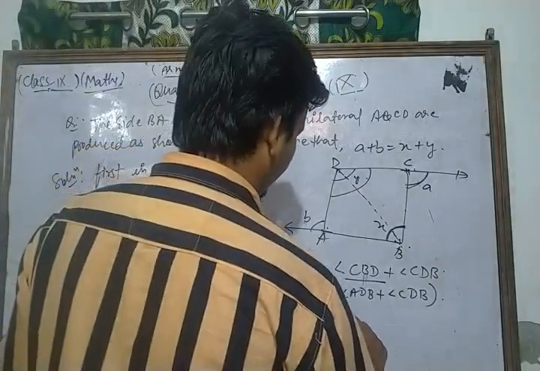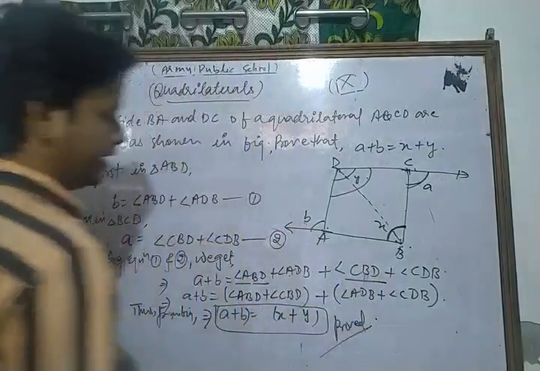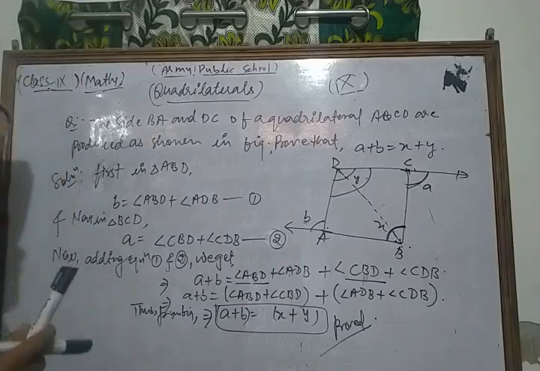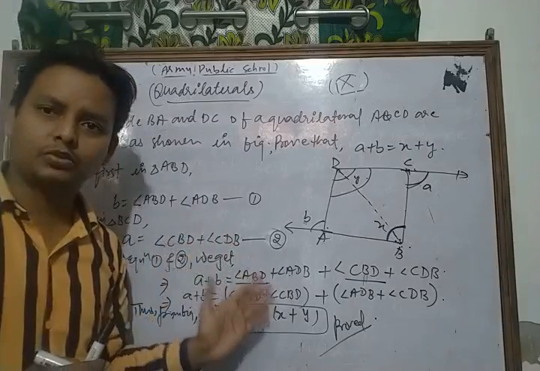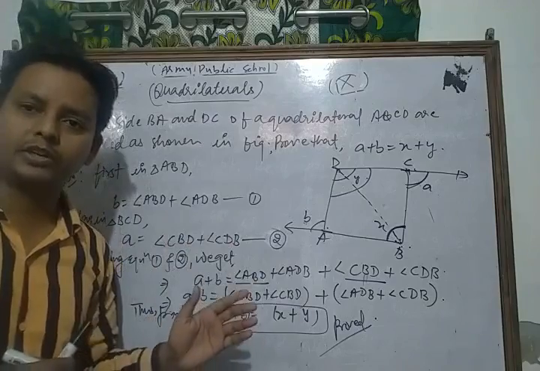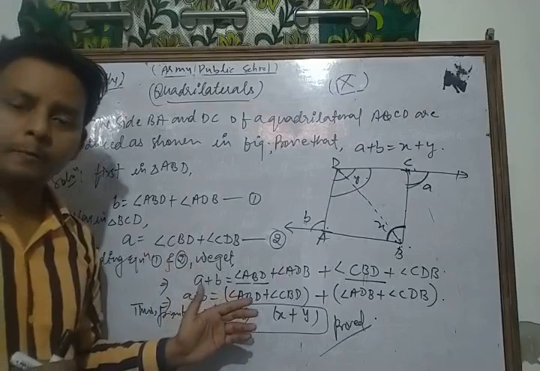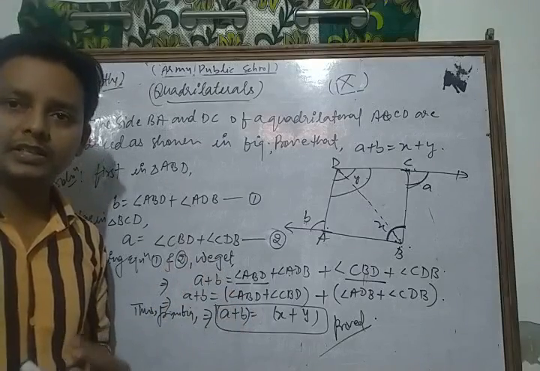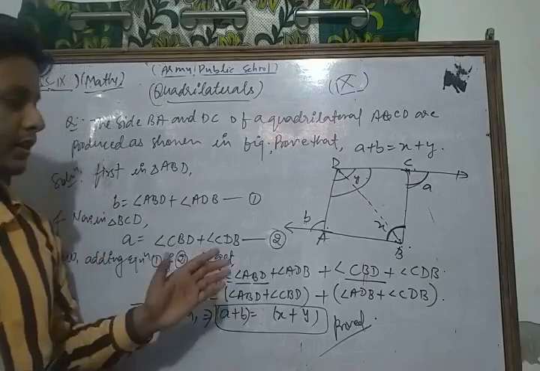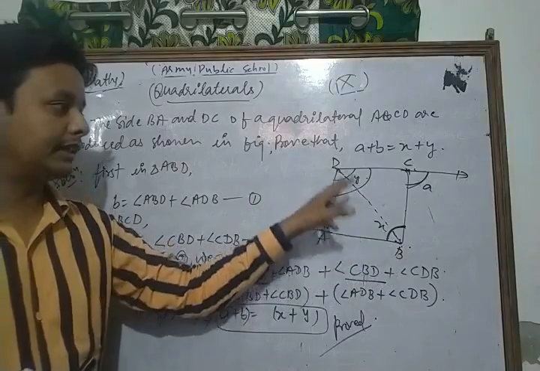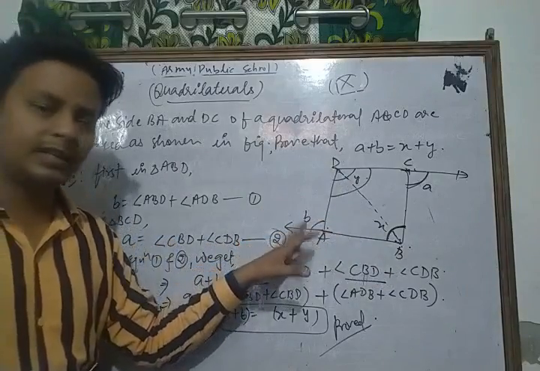Hence proved. Okay, so dear students, this is the method to solve that type of question. So please do more and more practice of that type of question and complete your NCERT exercise. First of all, we take triangle ABD and apply the exterior angle property.